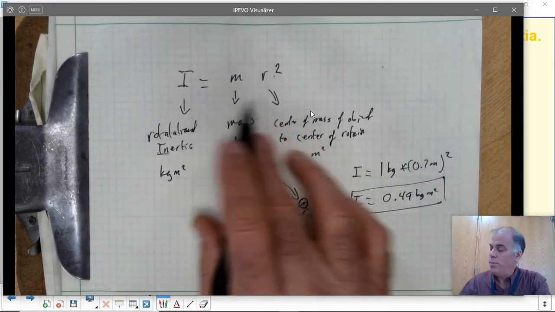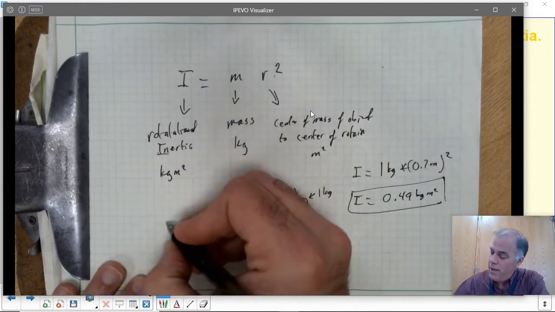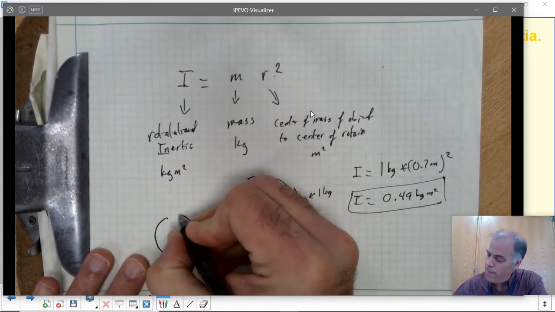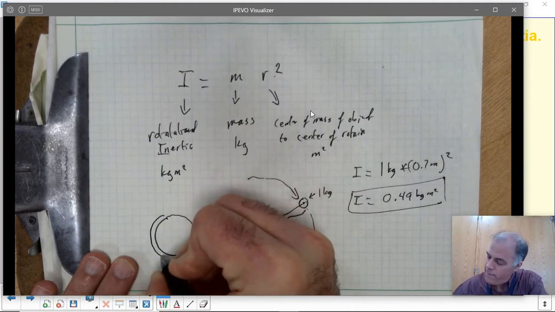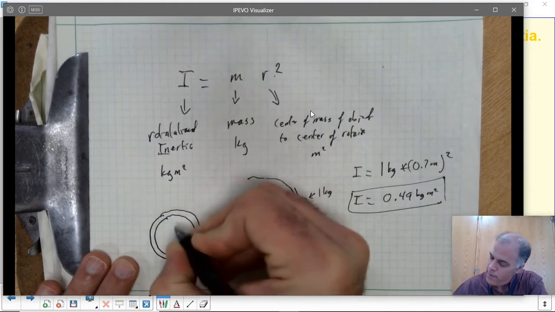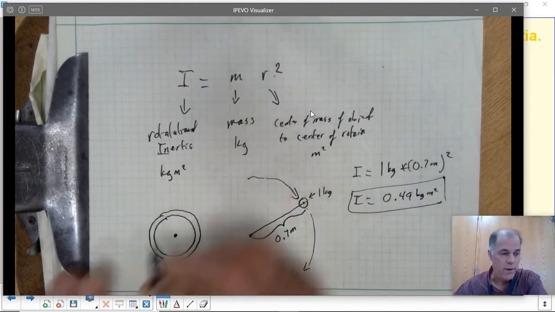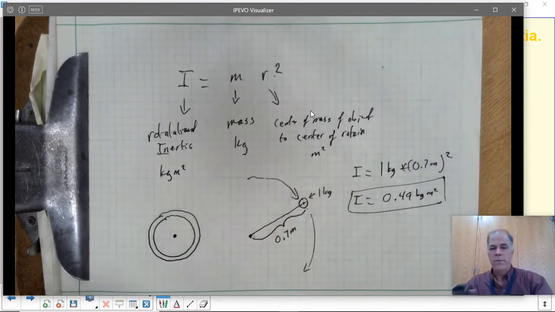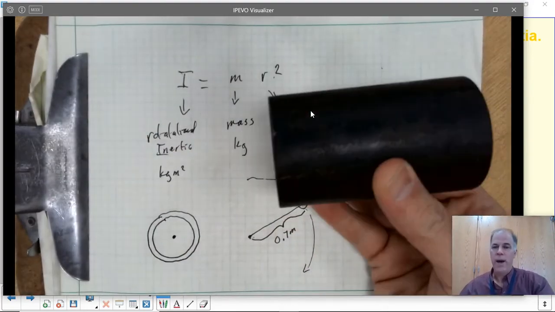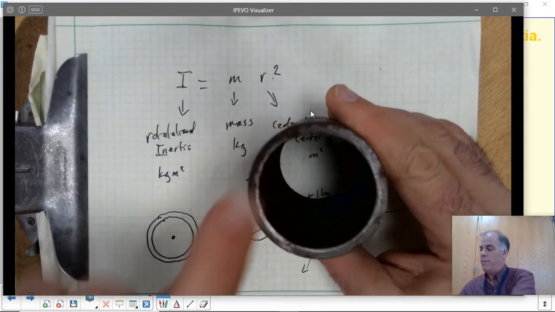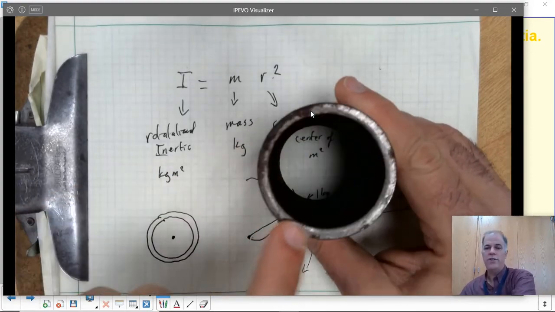This equation also applies to another specific shape, and that is if you have a hoop that is rotating around its center. So something like this. This is a pipe, and all of the mass is concentrated around the edge of this thing.